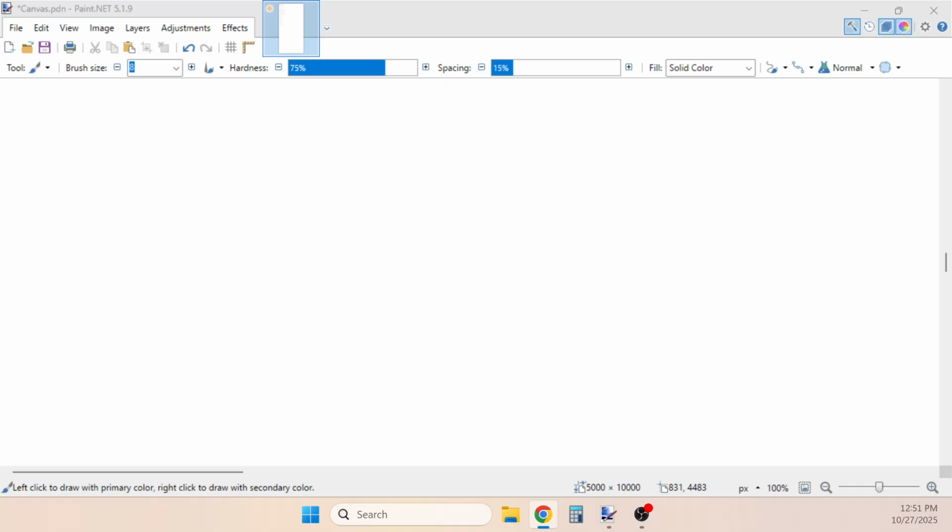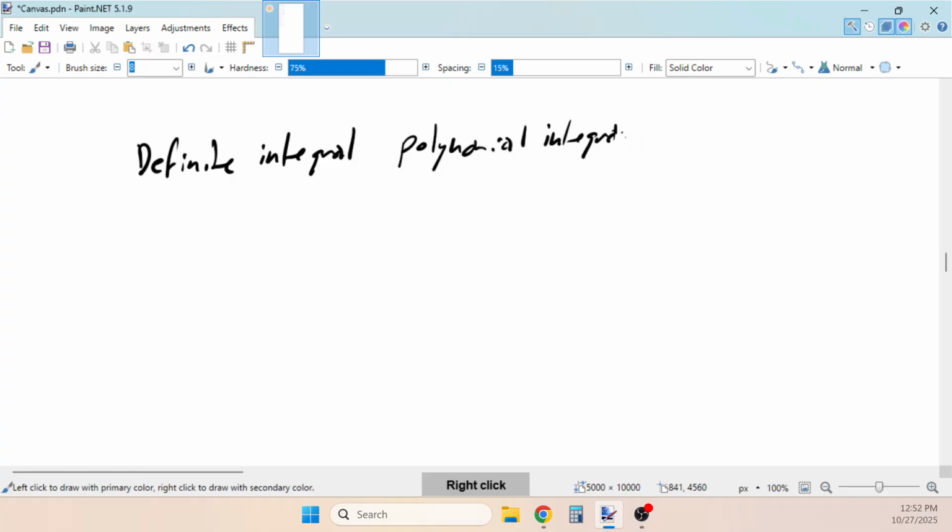Brief look here. First question, a definite integral with a polynomial. It has a number here and a number here, and some sort of polynomial here.